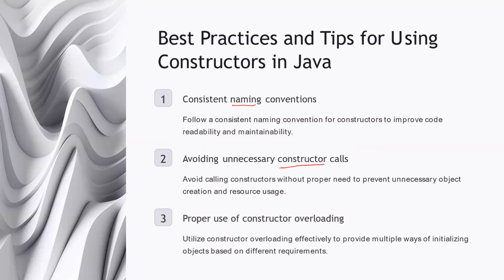If there is no requirement, no need to call it. So you need to avoid calling constructors without any object creation and resource usage. Fine. And proper use of constructor overloading. As we have seen, constructor overloading is a bit confusing, right? So you need to use constructor overloading properly.